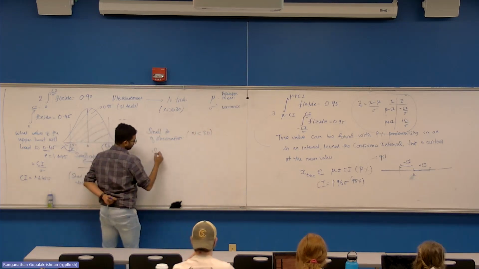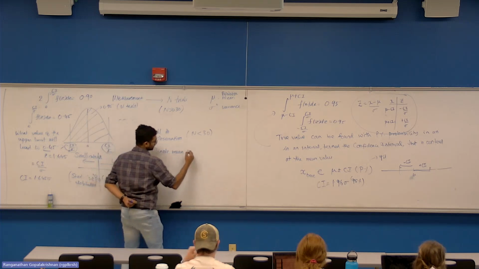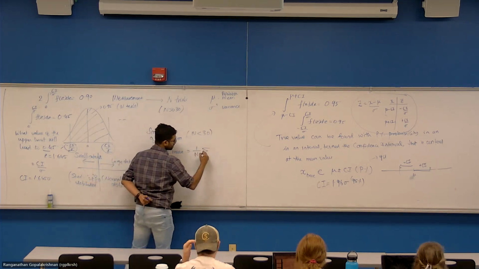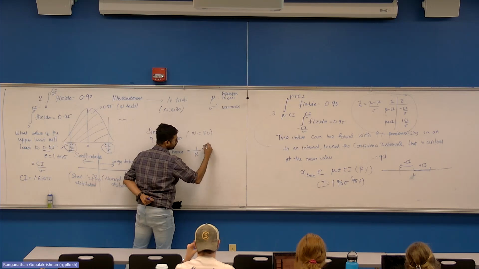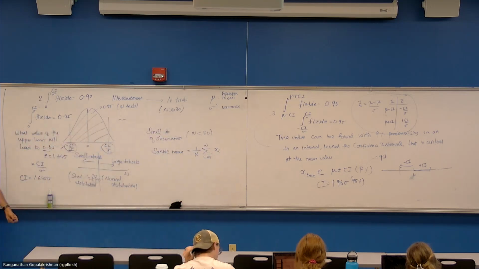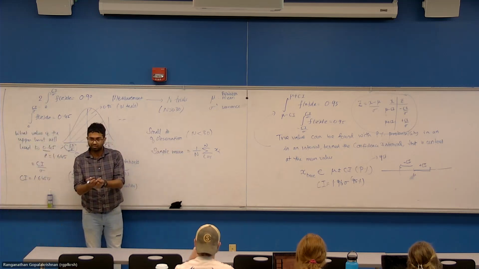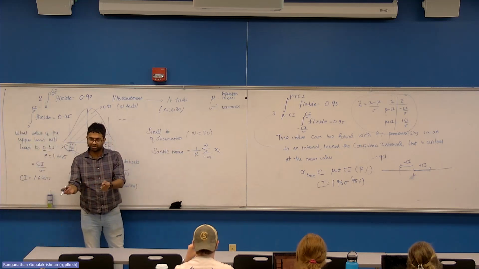So you can calculate a sample mean which is 1 over n, sigma i equals 1 to n, xi. Same as before, except it's called sample mean because it is for a small sample, a very small number of observations.